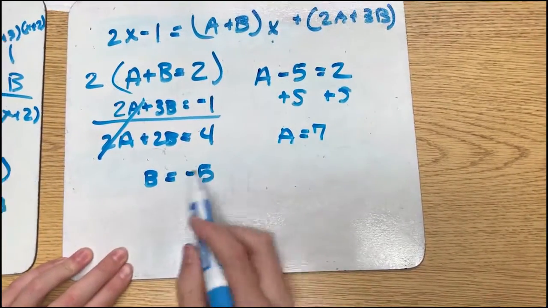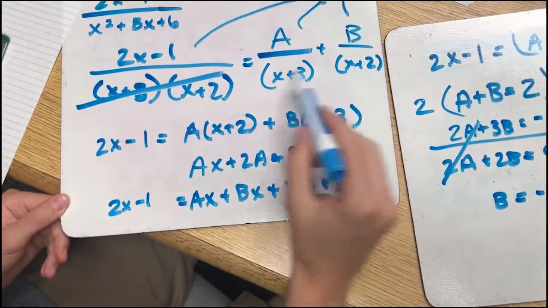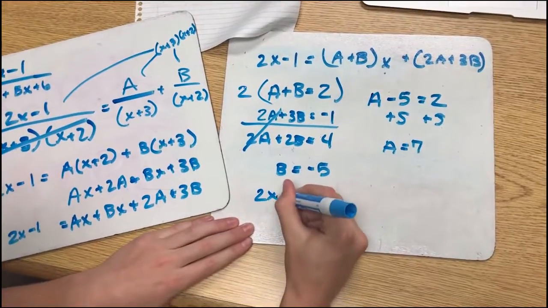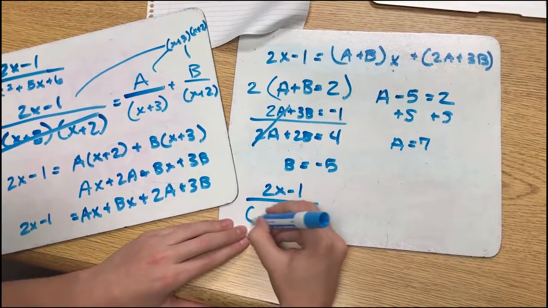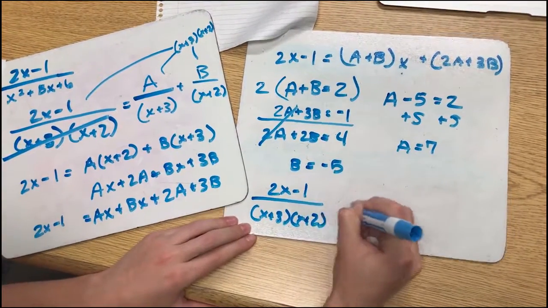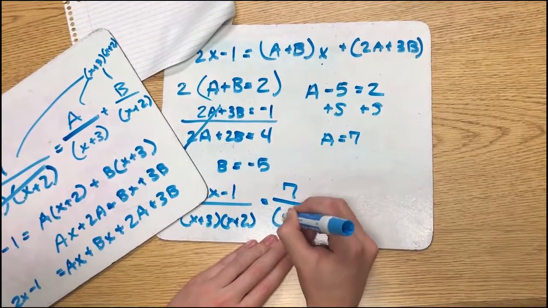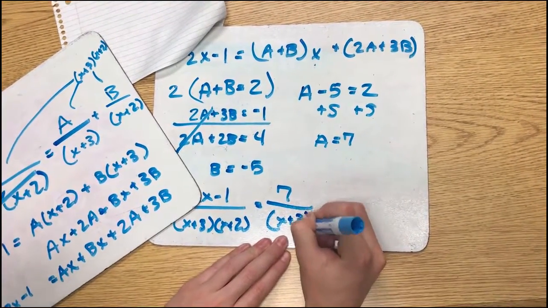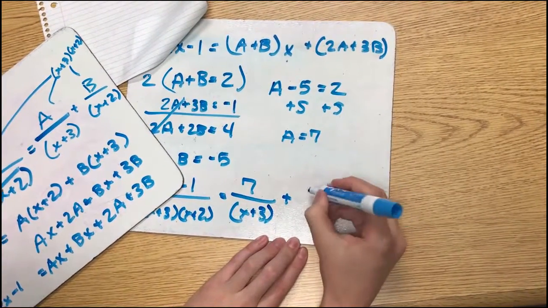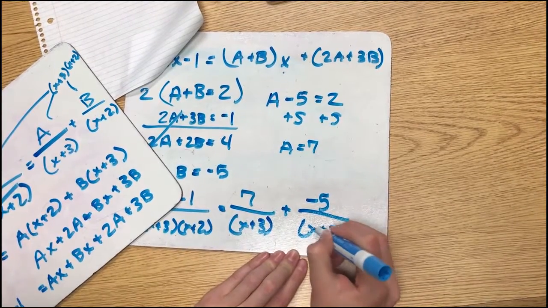Alright, and now for our final step, we plug it back into this equation over here, and we will get 2x minus 1 over x plus 3 times x plus 2 equals 7 over x plus 3 plus negative 5 over x plus 2.